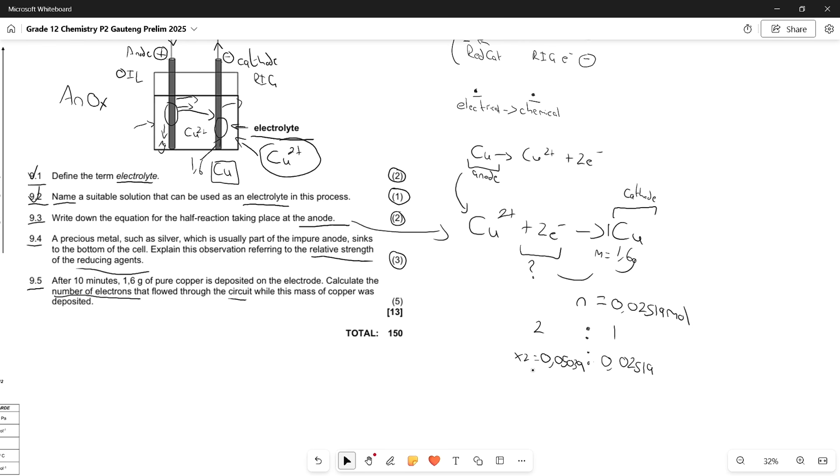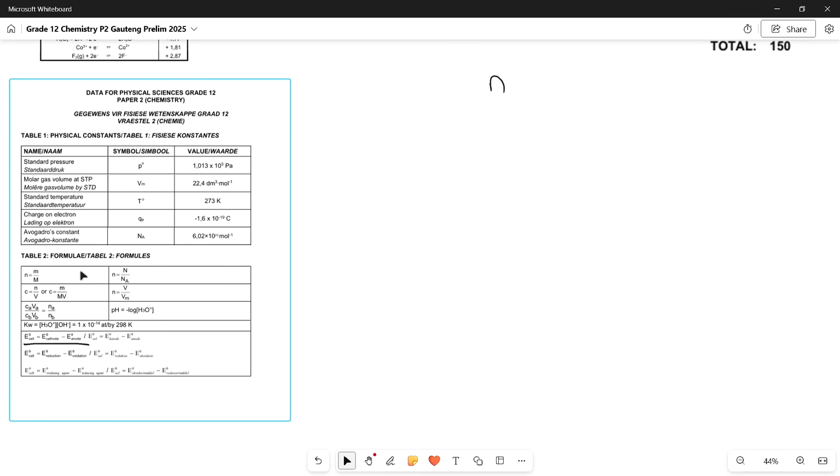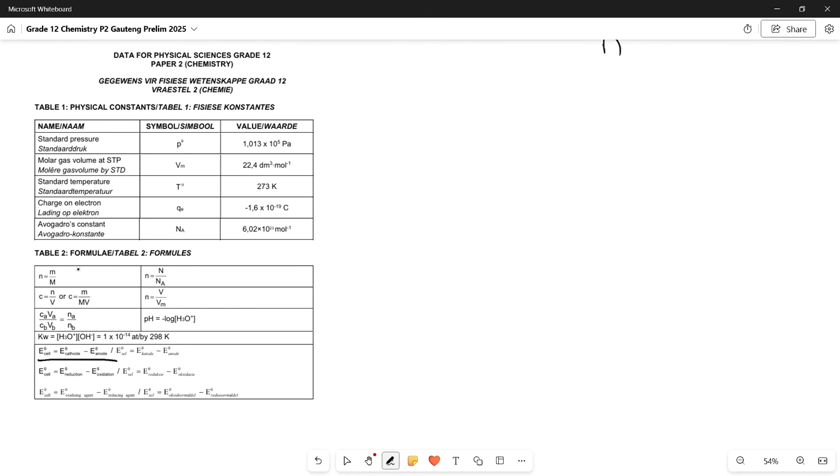Which means that we aren't very far from our last equation, because what we have on our formula sheet is the amount of electrons or the amount of atoms, because a formula that we don't use very often anymore is the moles equals the amount of atoms or particles over Avogadro's constant, which is also on our formula sheet here.